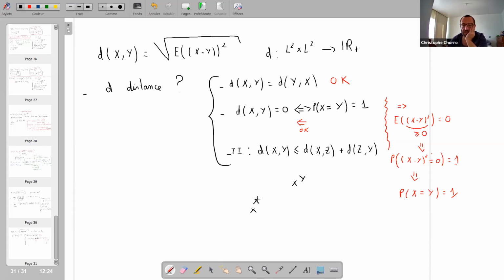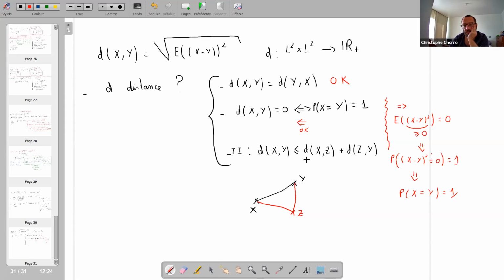So in the classical sense, the distance is given by the size of this portion of line here. If I take a z here, this triangular inequality just means that to go from x to y is shorter than to go from x to z, and then to go from z to y.